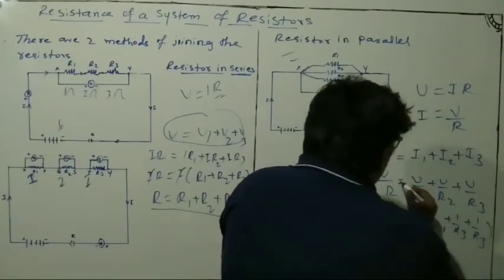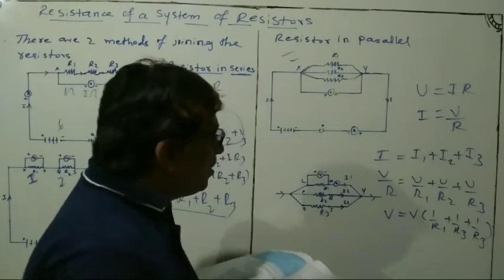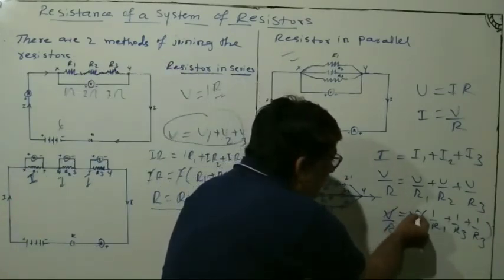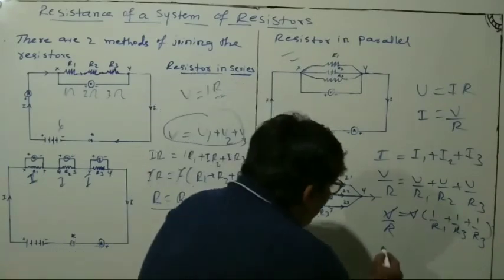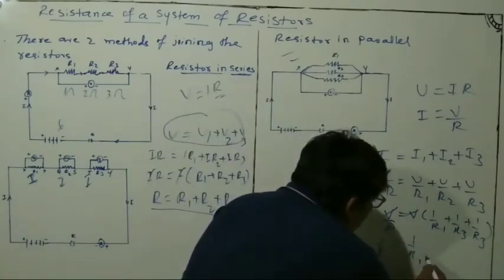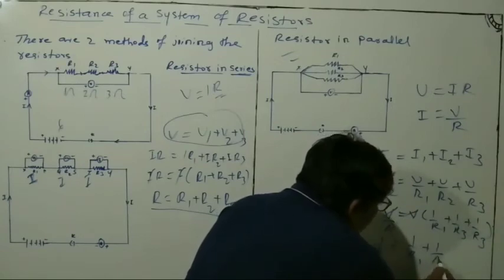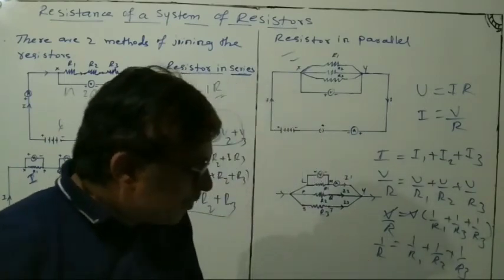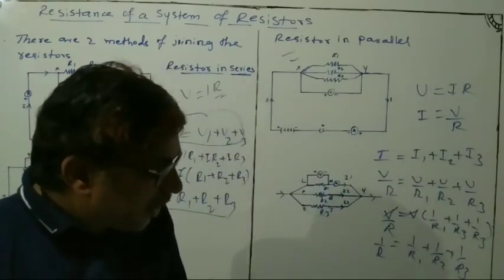Since I is V by R, V will be cut. So 1 by R is equal to 1 upon R1 plus 1 upon R2 plus 1 upon R3.